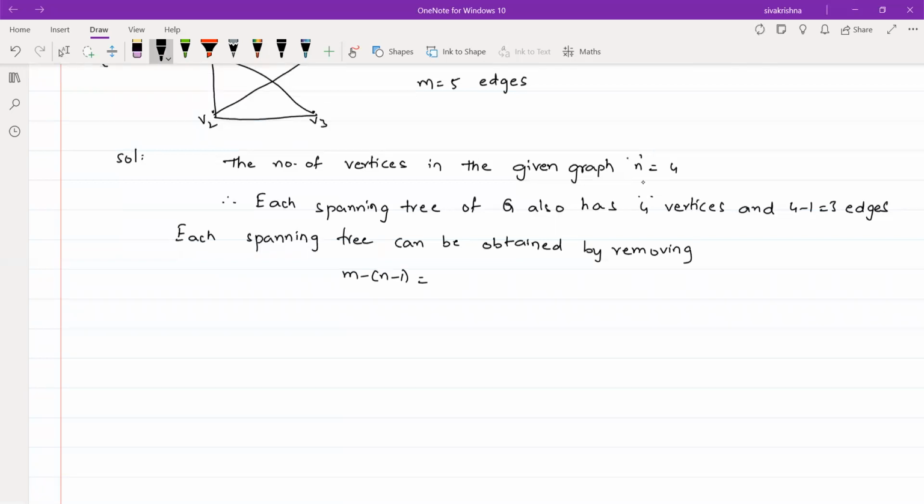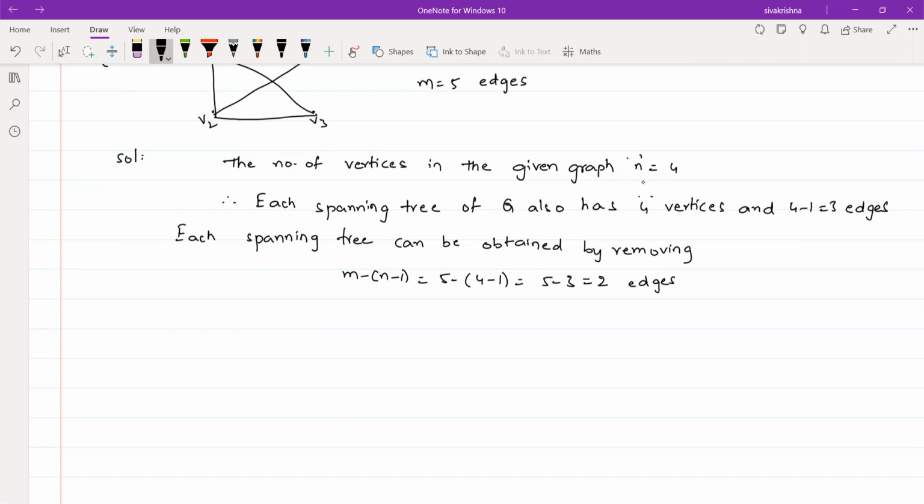Here m is the number of edges in the given graph, that is 5, minus the number of vertices in the given graph, 4, minus 1. So this is equal to 5 minus 3, which is equal to 2. So each spanning tree can be obtained by removing 2 edges from the given graph.